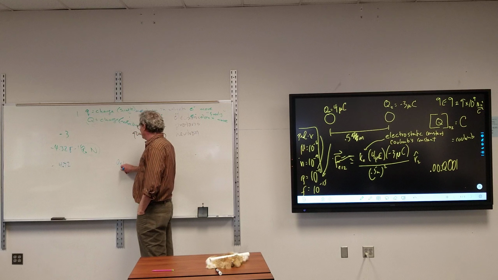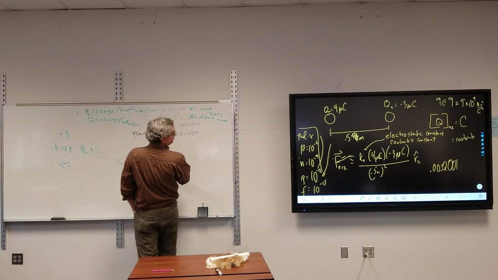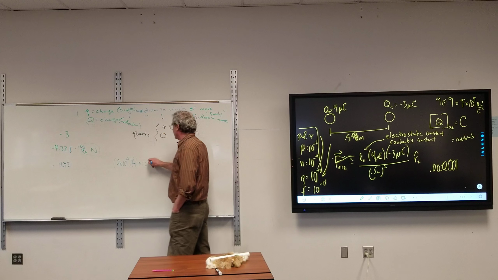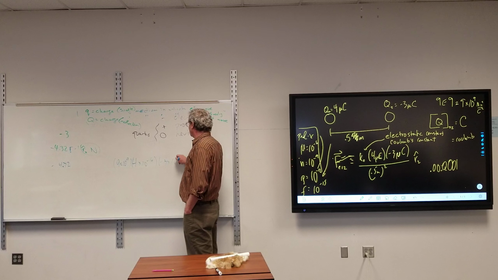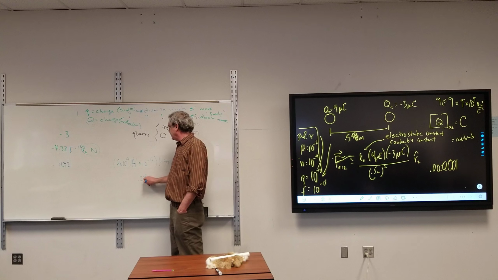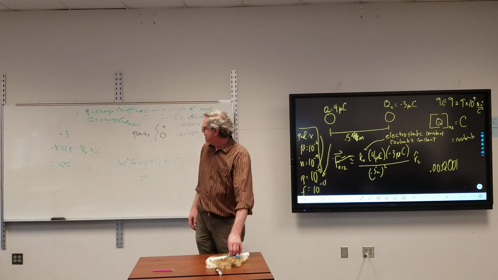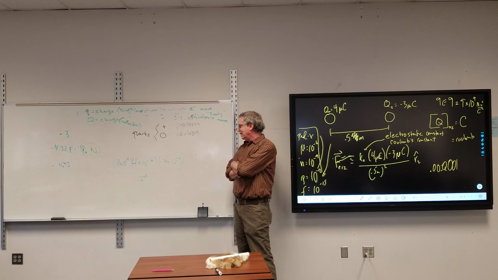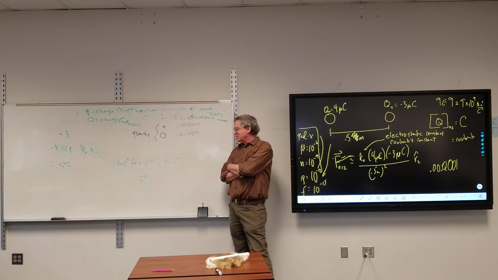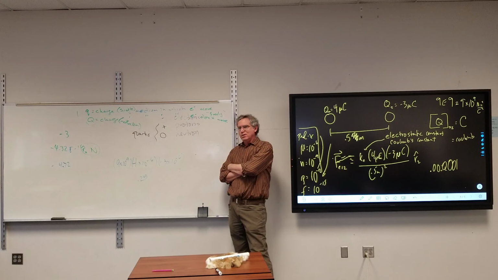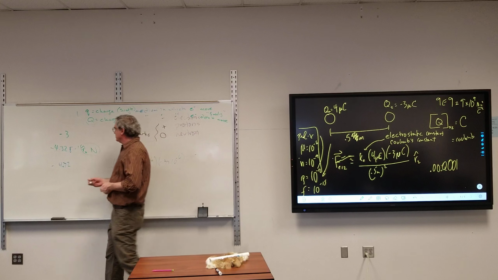All right, so you got 9 times 10 to the 9th times 4 times 10 to the -6 times -3 times 10 to the -6 over 0.5 squared. It's negative 4.32? Wait, no, it is negative 0.432.